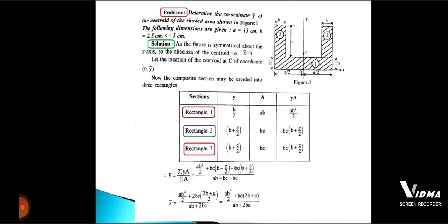Now from the generalized expression, y bar is the summation of the moment of area divided by the summation of the area, that is the total area, so summation of ya divided by summation of a. We put the values of summation of ya for the three sections, rectangle 1, rectangle 2 and rectangle 3, and the areas ab, bc and bc. So finally we get the value of y bar.